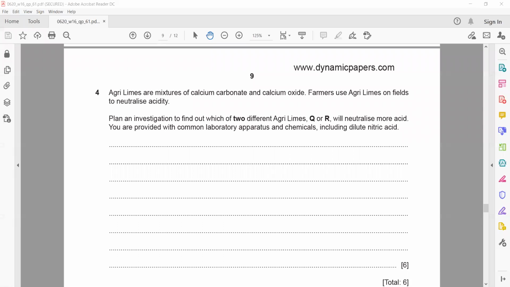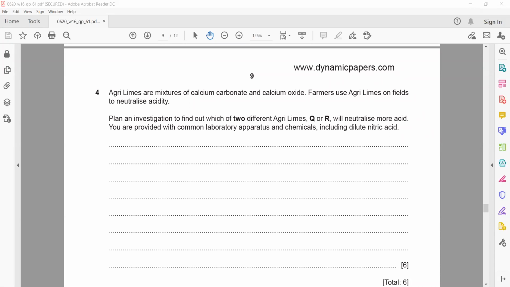You take 2 containers filled with equal amount and concentration of acid. Add indicator, then add agri-lime Q and agri-lime R and measure the amount of agri-lime added. The one for which we need a small quantity of agri-lime is more effective. That is one way.